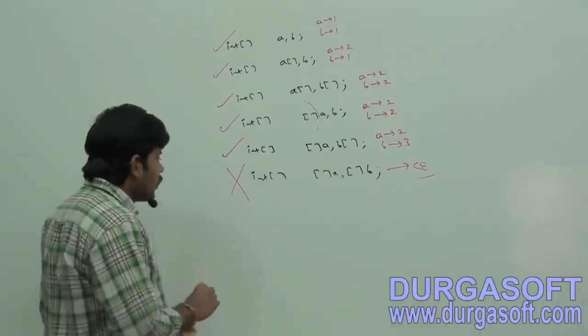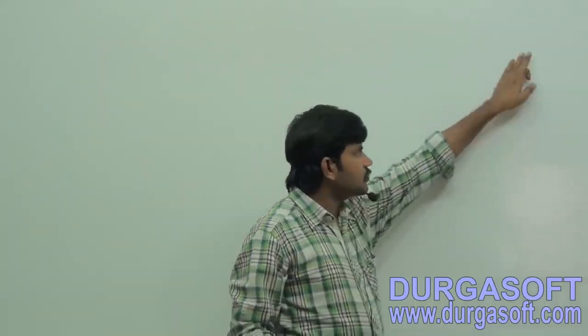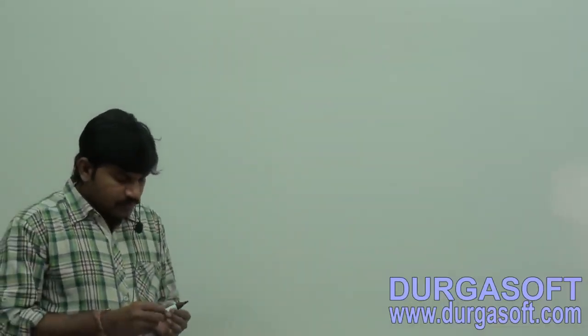Okay, add the theory. If we want to specify the dimension before the variable, that facility is applicable only for the first variable in a declaration.